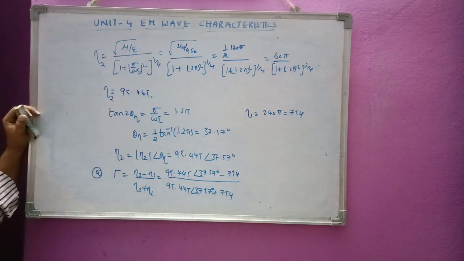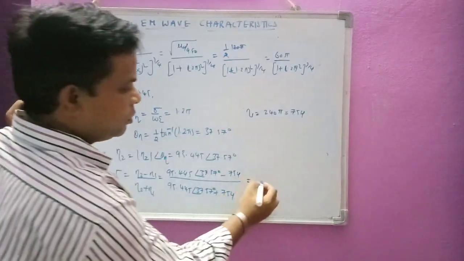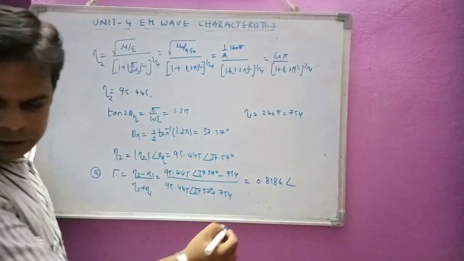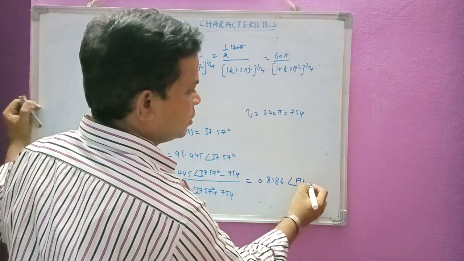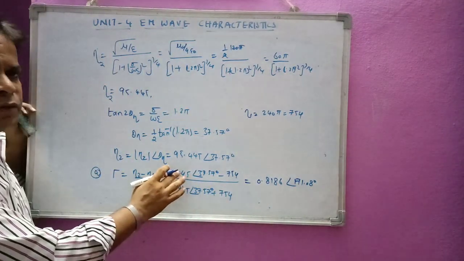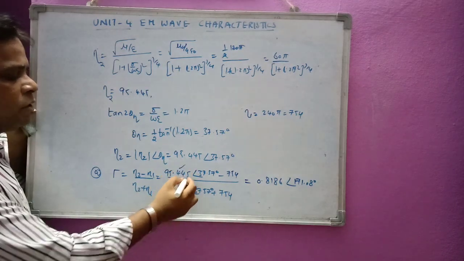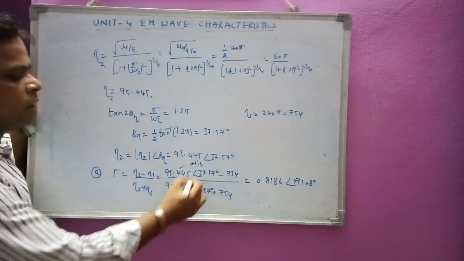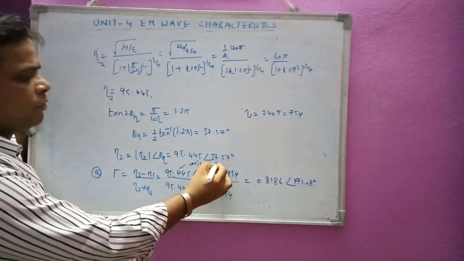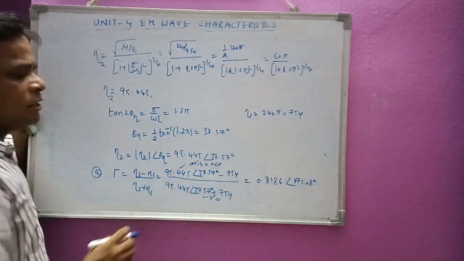Finally, keep this value in terms of r and theta form. It is equivalent to 0.018186 at an angle of 171. So by keeping your calculators in complex mode, you can try to calculate this value. First you convert the numerator into a plus ib form, and the denominator also, then convert both into r theta form, take the ratio and you get this final value.